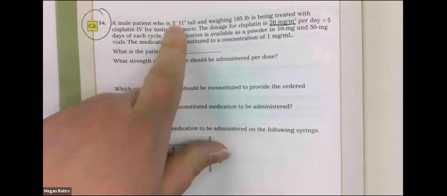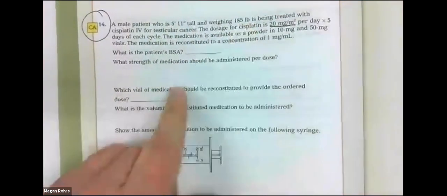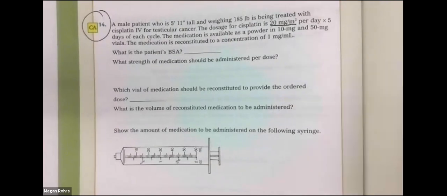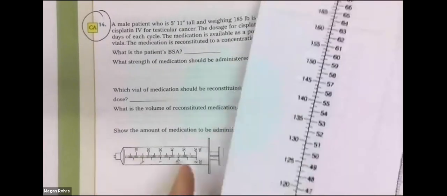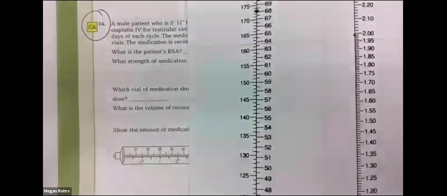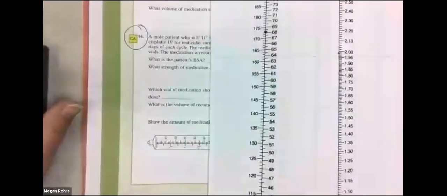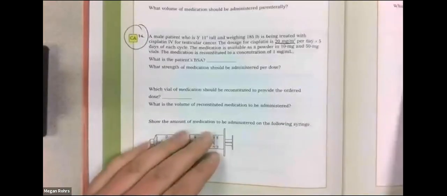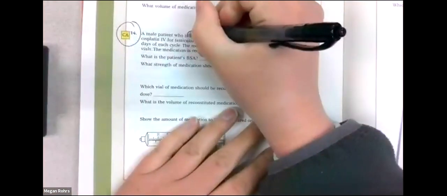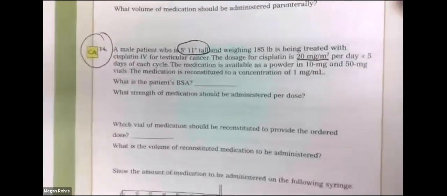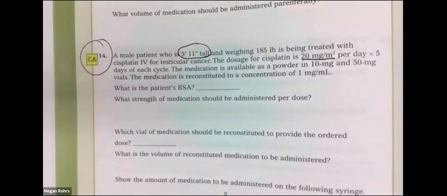Well, we have their height and we have their weight, so we're going to find their BSA using the nomogram. This is an adult, so we want to make sure that we're using the adult nomogram. And remember, the nomogram, if we're looking at the height, it's only in centimeters or inches. So the first thing I need to do is convert this height into just inches.